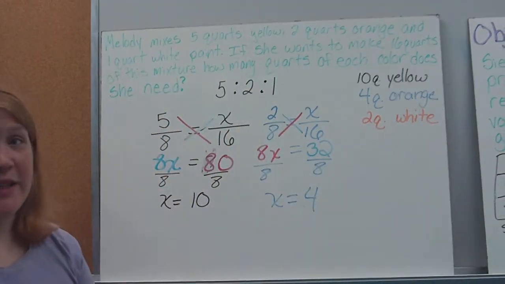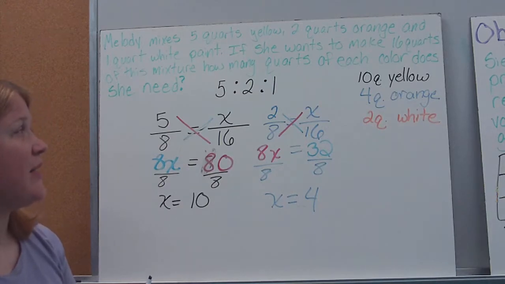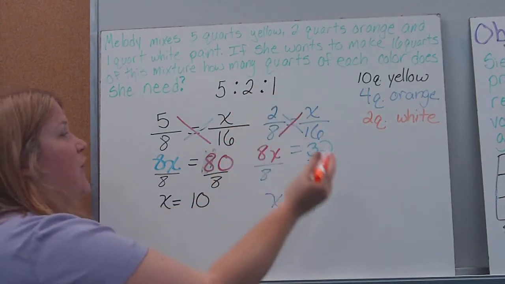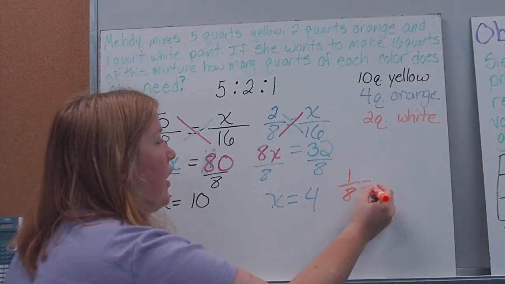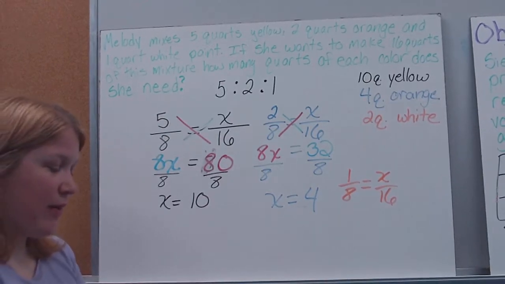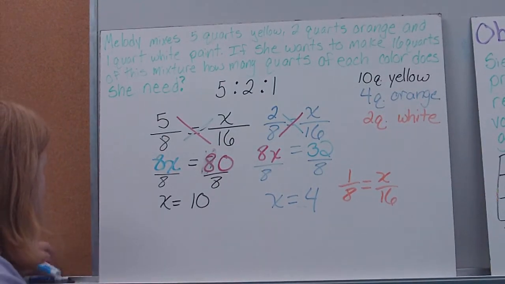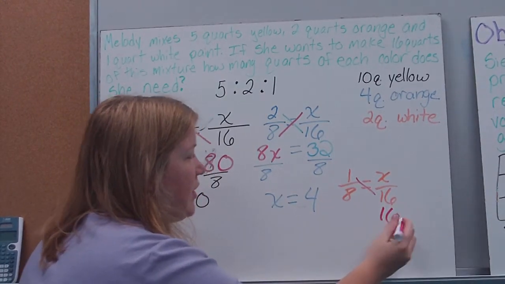All right, that's the easiest way to find that last number, but if you want, I'll show you how we can set it up just to practice with our proportions again. So for white, I said there was 1 out of every 8 was white. So how many is that out of 16? And we would just go about solving it the same way with our cross multiplication.